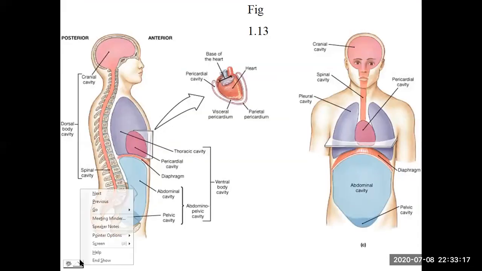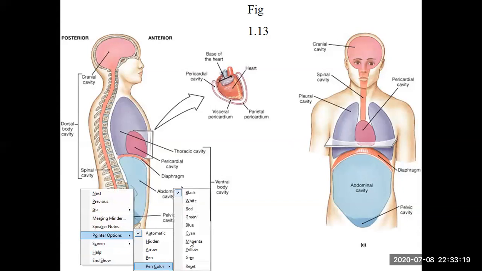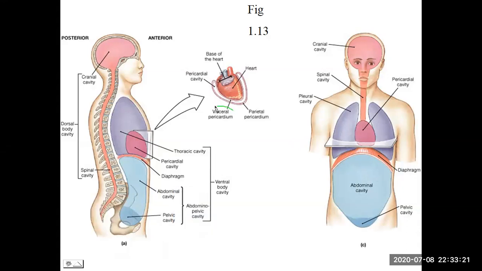So if we look at the full name, the visceral pericardium, this is the serous membrane attached right on to the surface of the heart. The term visceral implies that it's attached to some organ. Pericardium because of the location, because of the cavity that contains the heart.